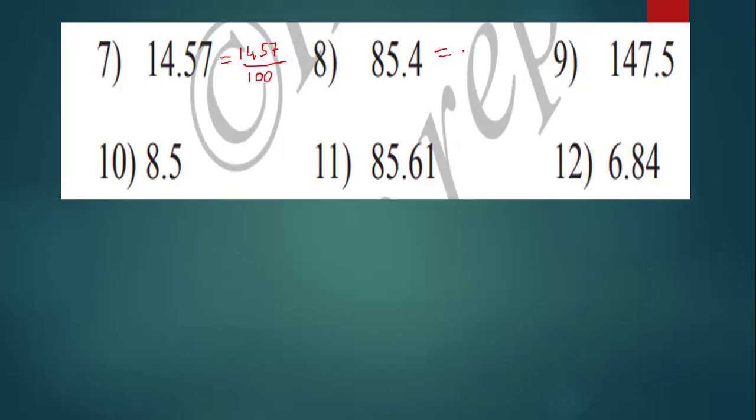Eighth one, 85.4. This is 854 by 10. 147.5. Write it as 1475 divided by 10.